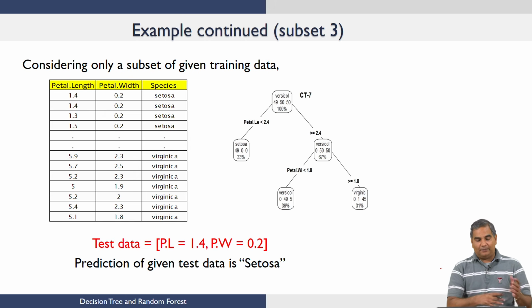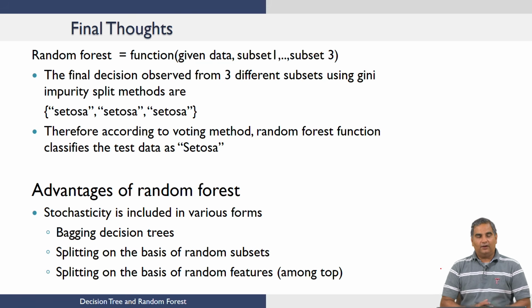Now, you could have petal length and petal width, and in these cases you could have dropped some data also, right. So, you could subselect data also and then send this new test data point, and if that also says setosa, now there are 3 trees and all of them said setosa. So, the solution is setosa.